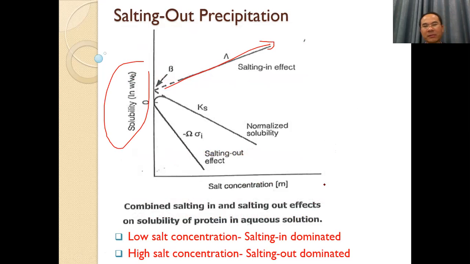For the salting out effect, if we increase the salt concentration, the solubility will decrease. In the normalized solubility, at the initial salt concentration there is some salting in effect, and then when the concentration increases more, the salting out effect occurs.